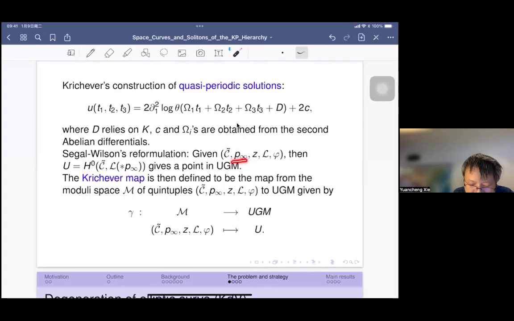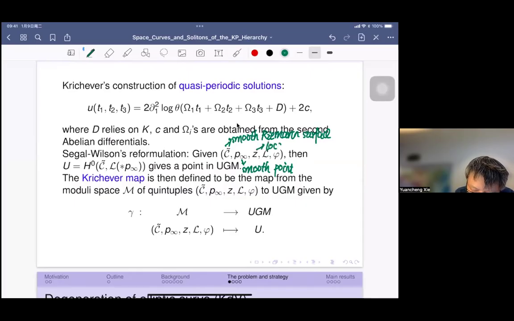And around this point, we take Z as the local coordinate around P infinity. And we take L as a line bundle of degree g.